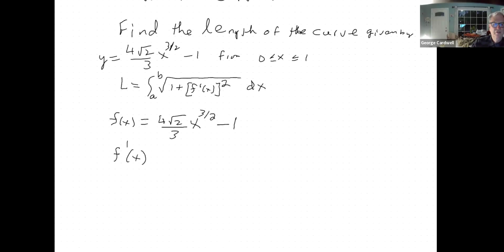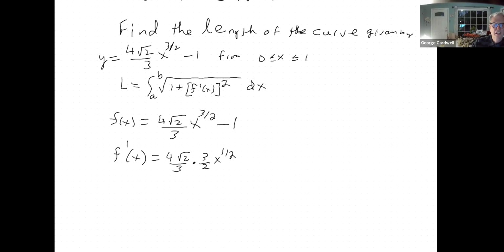So the first derivative of this function would be 4 root 2 over 3 times x to the 3 halves would be 3 halves x to the 1 half. And then derivative of 1 is 0, so I don't have to put anything there.